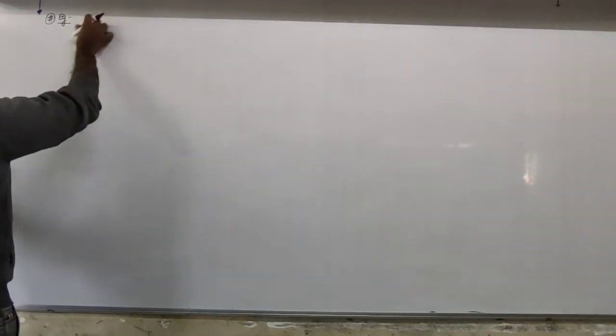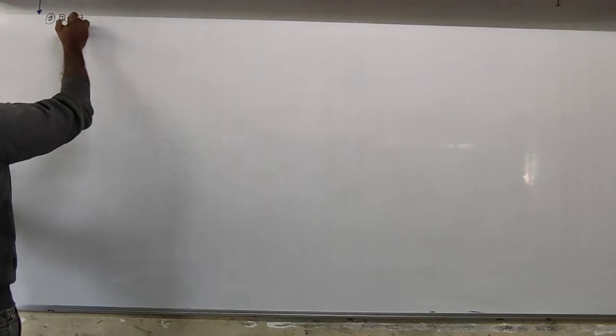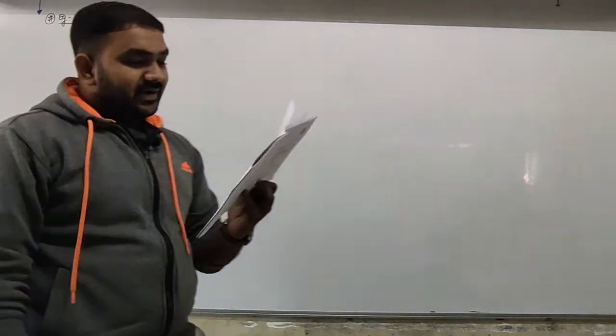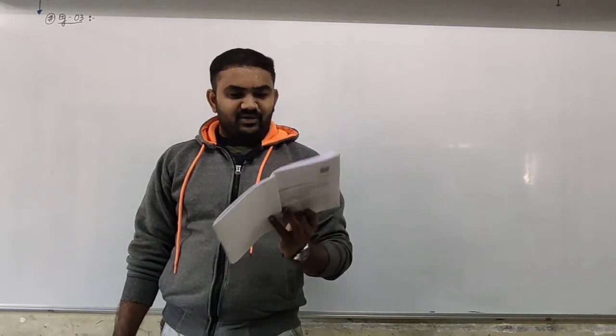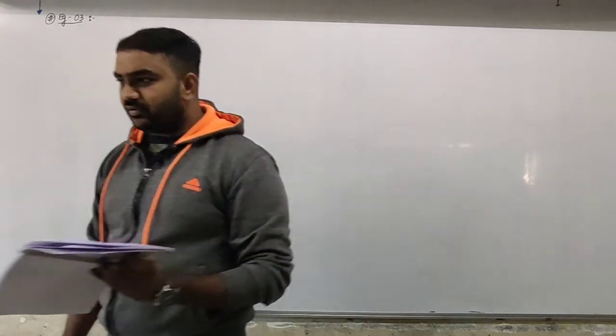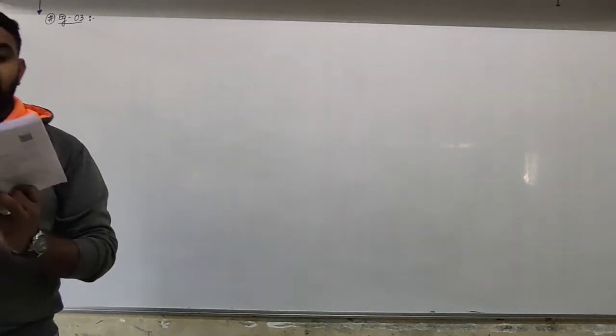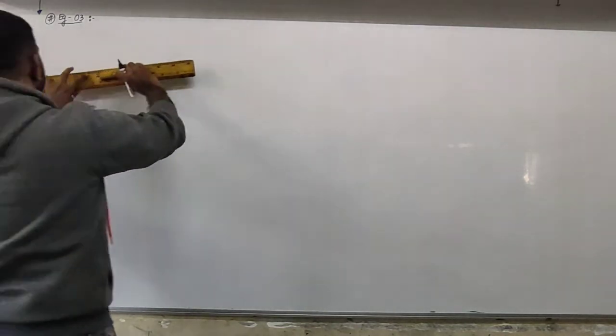Okay, let us see the third example. It says that line segment AB is parallel to another line segment CD. O is the midpoint of AD. Show that triangle AOB is congruent to triangle DOC and O is also the midpoint of BC. So there are two line segments AB and CD which are parallel to each other.